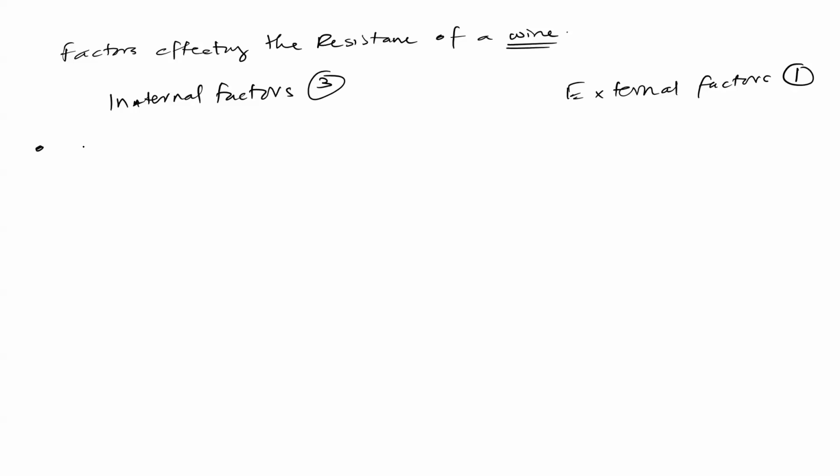Yeah, the first internal factor is the length of the wire. If the wire's length is shorter, and let's say there are 2 wires, this is having L1 length and this is L2. Obviously L2 is greater. Remember, length and resistance have a directly proportional relationship.